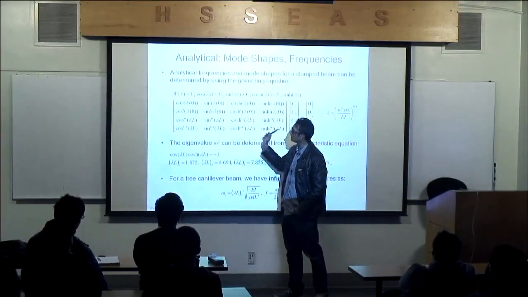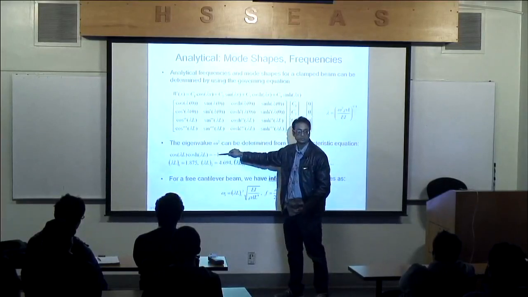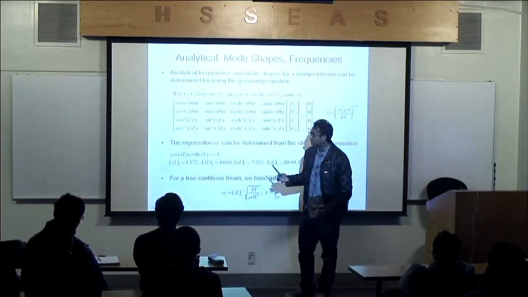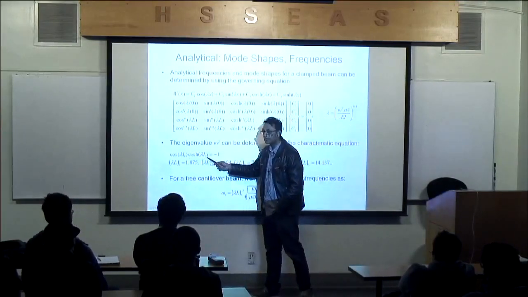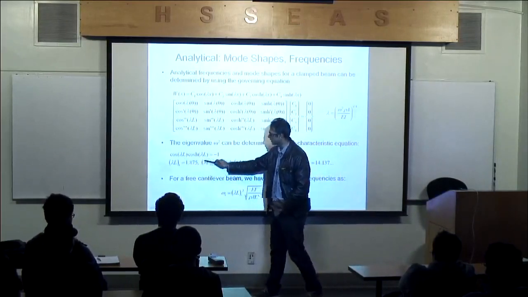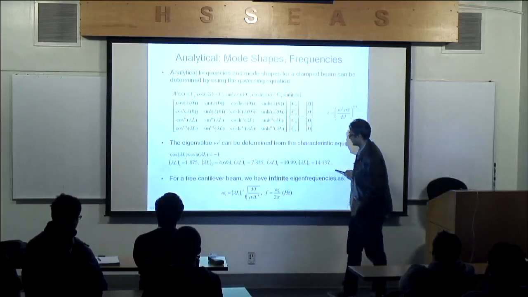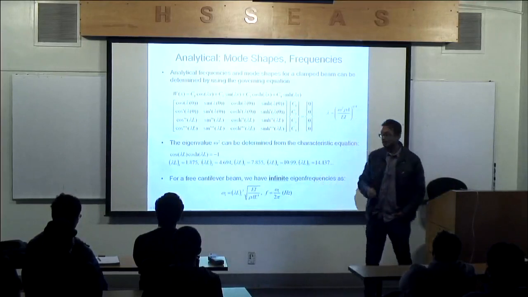So the determinant of all this actually just boils down to this equation. And it turns out that when I find the roots of this equation, what I find is that the lambda L values are the values for this to be equal to minus 1. Because that's what you find. And you find there are infinite of them.